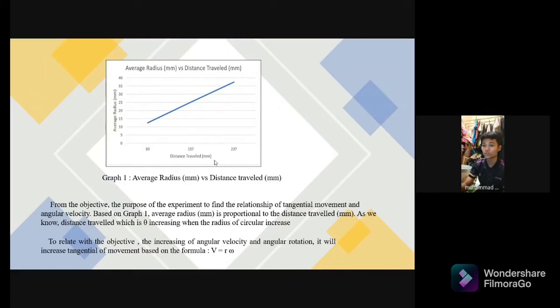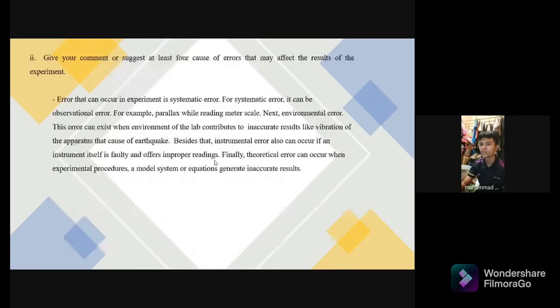To relate with the objective, increasing the angular velocity and angular rotations will increase the tangential movement based on the formula V equal to R multiplied by W, which is angular velocity.